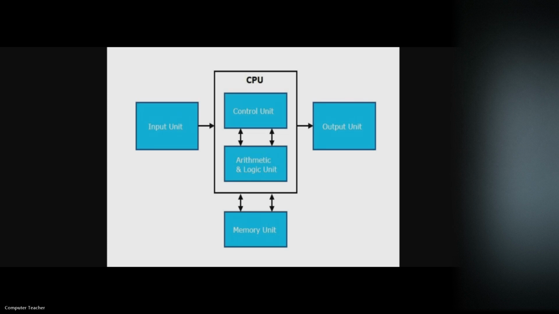So in a human, when you give a is equal to 5, that's your input unit. Then the control unit will convert it into binary code, and then you go to the arithmetic and logic unit, which is basically responsible for the mathematics. Then it will go to the memory unit, which will basically store this information.